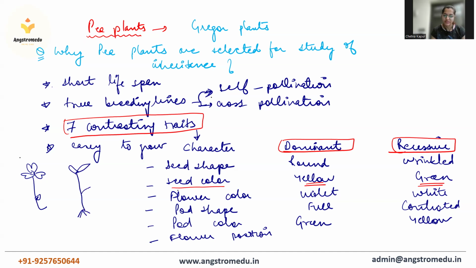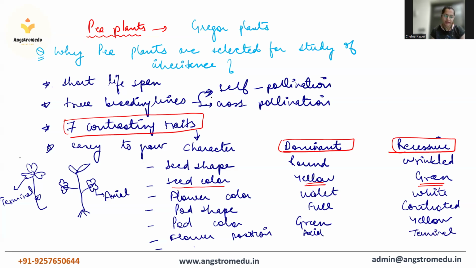If this lateral stem is giving rise to the flowers, they are called axial flowers. The terminal position, which is at the top, is called the terminal position.